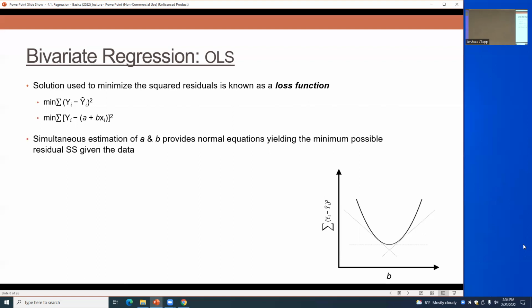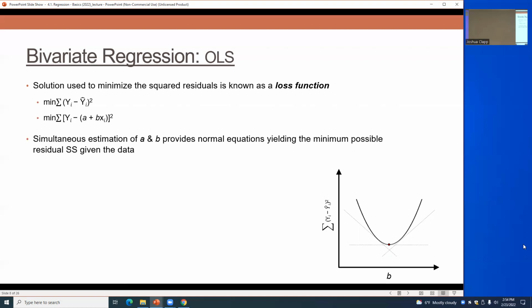And what I can do, going through and plugging in values of a and b, is get a set of normal equations that give us a way to identify the minimum possible sum of squared residuals. As my values of b increase, my slope increases, and some of my squared residuals get lower and lower until I hit a certain point.